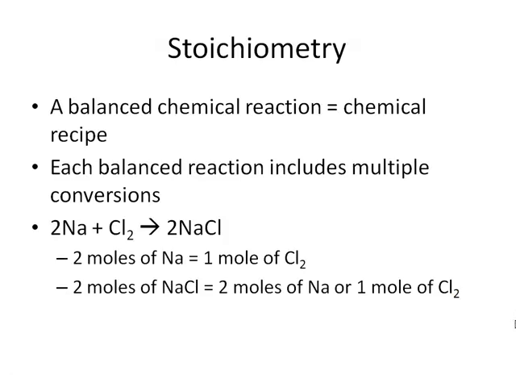Oh, apparently I had a page for doing that work. We can use balanced chemical reactions as kind of a chemical recipe, and the broad name for this is stoichiometry. So each balanced reaction includes multiple conversions. For example, in our sodium plus chlorine reaction, going to make sodium chloride, those coefficients here tell me that for every 2 moles of sodium, I need 1 mole of chlorine.